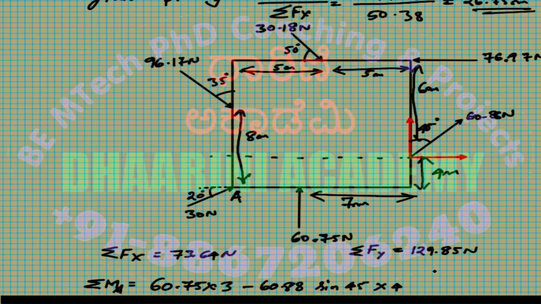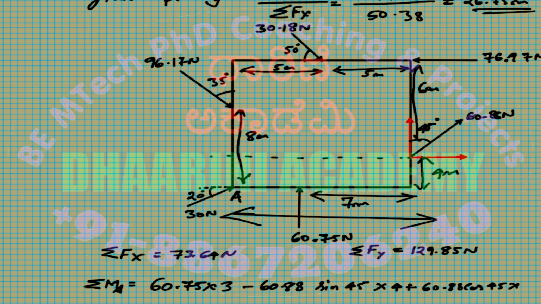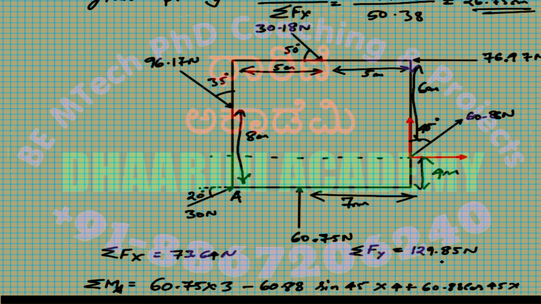The vertical component is moving upwards, so with respect to point A, an upward force will rotate it anti-clockwise, so positive. 60.88 cos 45 into the shortest distance, the complete distance along the x-axis. This distance is 7 plus 3, so totally that is 10 meters. So into 10. Right, let's move further.